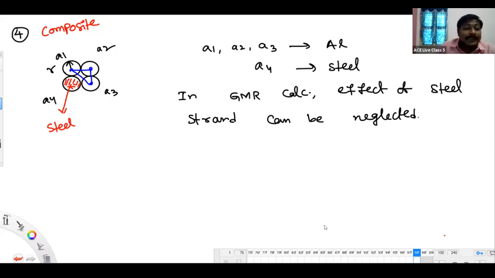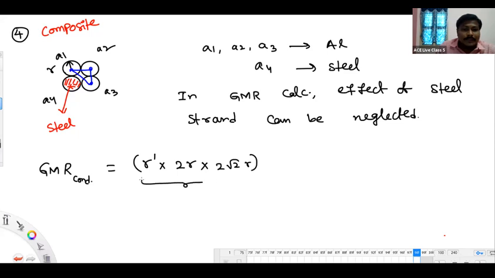Now I am saying directly the GMR of this stranded conductor. First, distances of A1: r dash, A1 to A2, 2r, A1 to A3, 2 root 2 r. Next, for A2: r dash, A2 to A1, 2r, A2 to A3, again 2r.